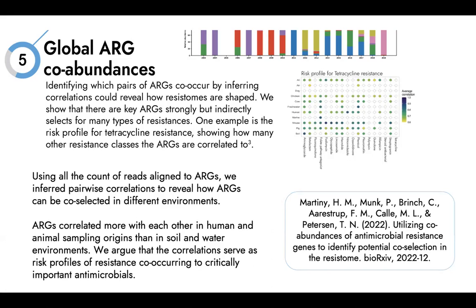We show, for example, that all these correlations can be used to create risk profiles for resistance. And by that I mean, if I were to use tetracycline in an environment, what would happen to the resistome in there? Would I indirectly select for a lot of different kinds of resistance genes otherwise, or what would actually happen? This paper is only out as a preprint on bioRxiv, but we argue that it could maybe serve as a way to guide future usage of antibiotics in different environments.